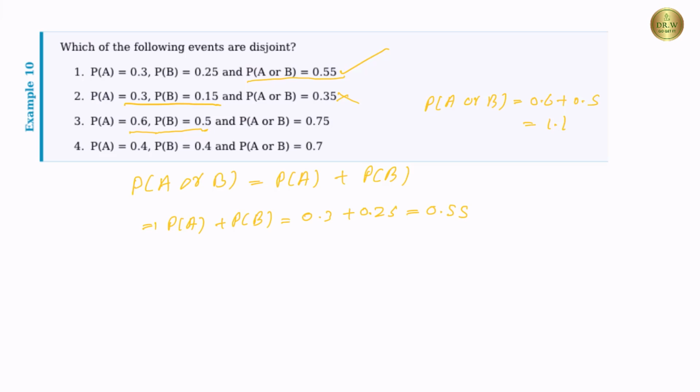Why? The highest probability is 1. Therefore, definitely this is wrong. Next, probability of A is 0.4, probability of B is 0.4. If we use this equation, probability of A or B is 0.8, but here it is 0.7. Therefore, that is also not true. First one is the answer.